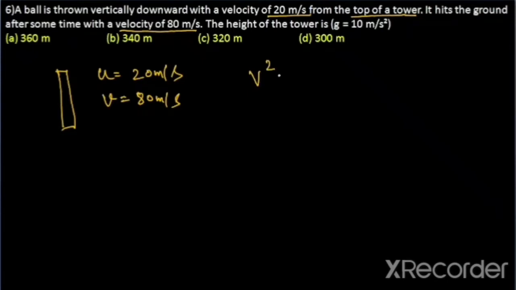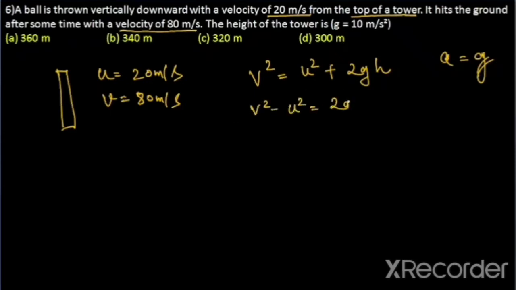We know v square is equal to u square plus 2gh. As the ball is thrown vertically downward, here acceleration is our acceleration due to gravity, that is g. So v square minus u square is equal to 2gh. That implies 80 square minus 20 square is equal to 2 into 10 into h.